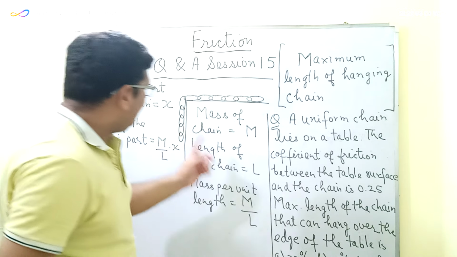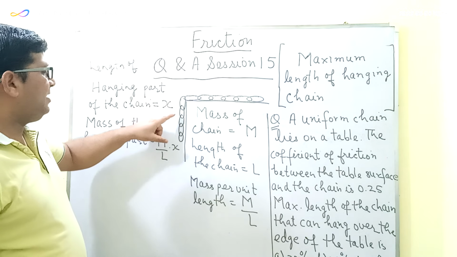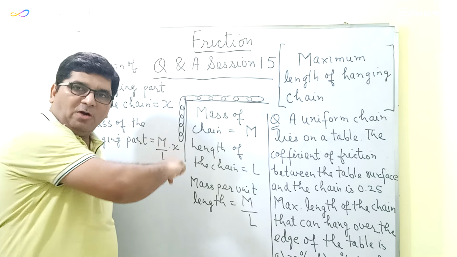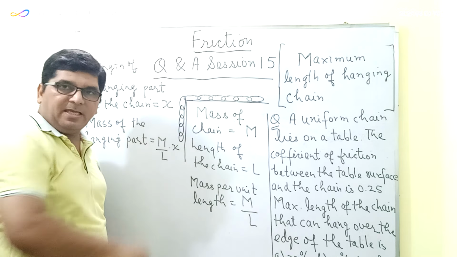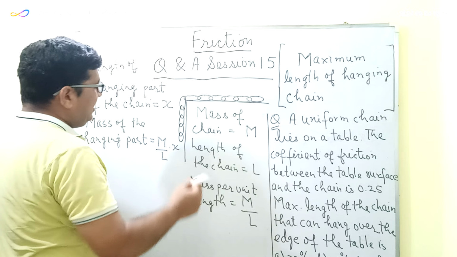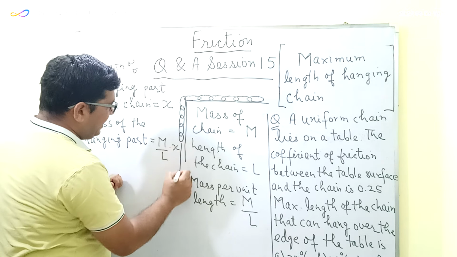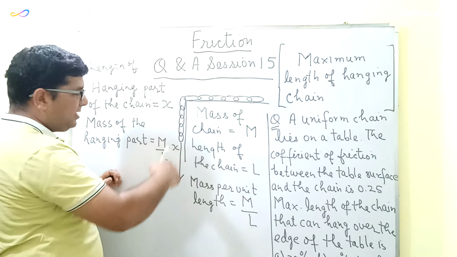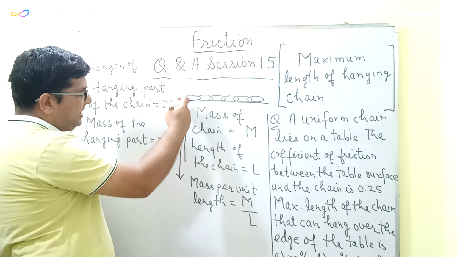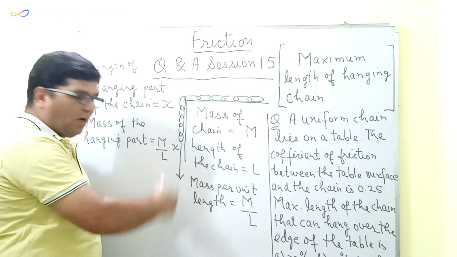Now, this chain will not fall down, or it will keep hanging over the edge of this table, only when the weight of this hanging part of the chain is balanced by the force of friction. This chain has a tendency to move downward.